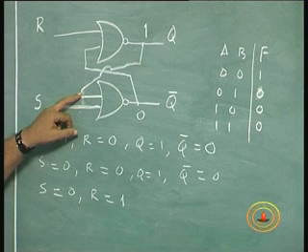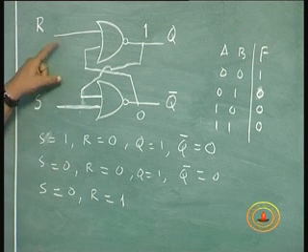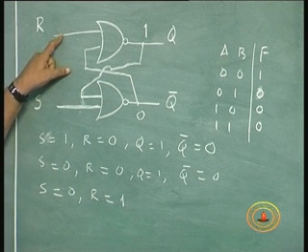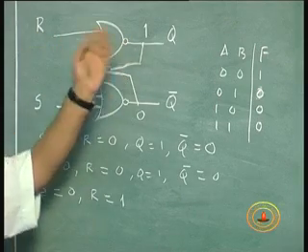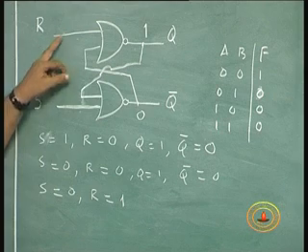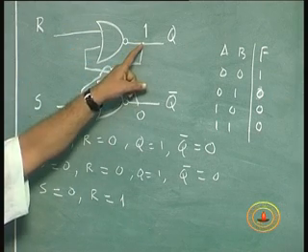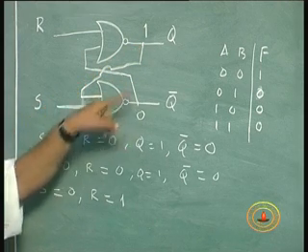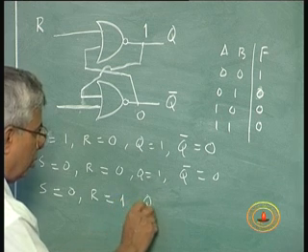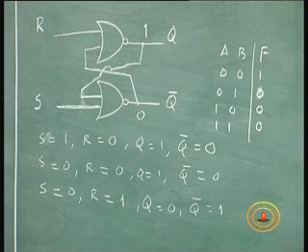So, when you put S equal to 0 and R equal to 1, 1, 0, this has become 0. Even if you assume the other way, it will change again. So, we can make R equal to 1 and this is 0, 1, 0 is going to make it 0, Q is going to become 0. Since S is 0, this is 0, this is going to become 1. So, Q is going to become 0, Q bar is going to become 1.